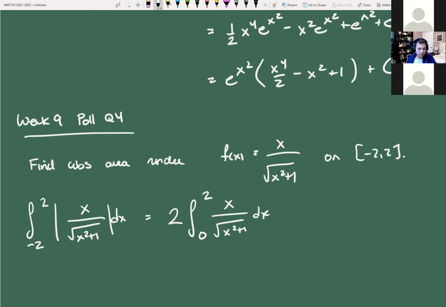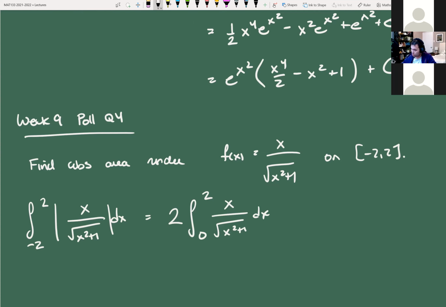Does everyone see what I've done there? Okay, so now we just need to integrate this. Yeah, exactly, because the absolute value is even. And so if you want, plot the absolute value of x divided by the square root of x squared plus 1. Plug it into Desmos, see what you get, and you'll see, yeah, it works out.